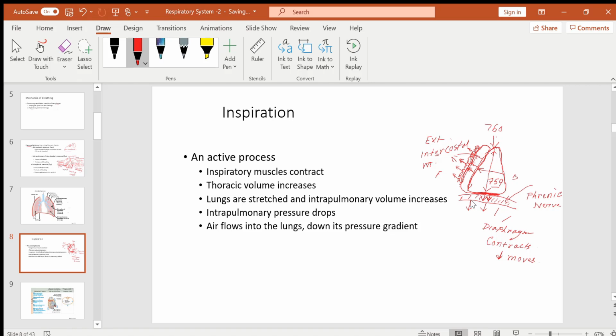Now, when the diaphragm relaxes, then it will move up again, right? When the diaphragm relaxes, the diaphragm will move up.